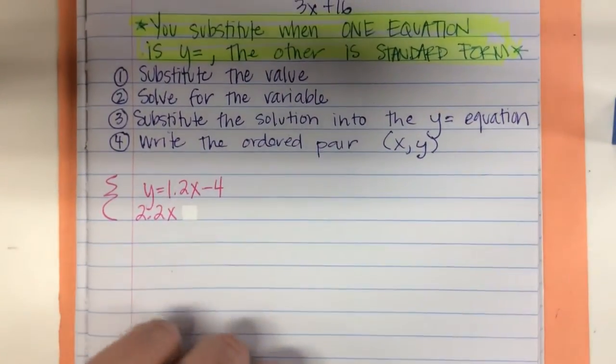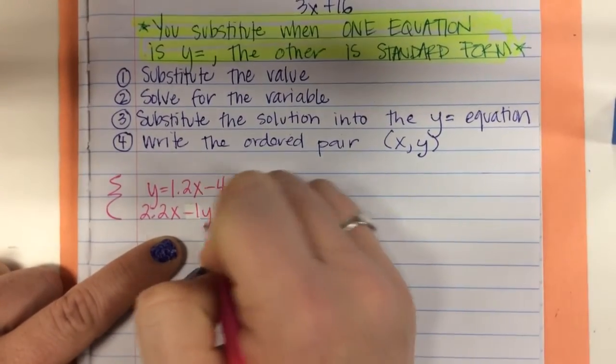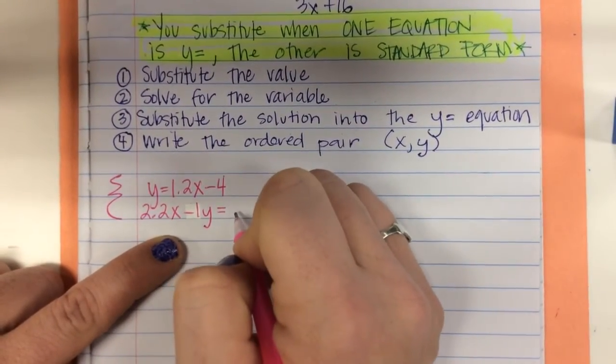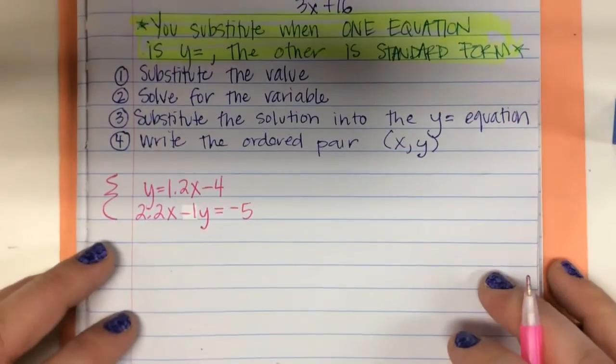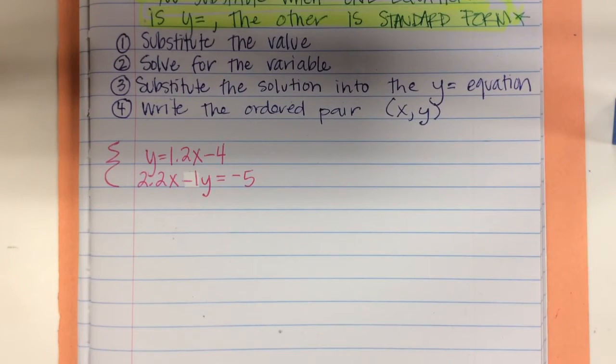Y equals 1.2x minus 4. The other one is 2.2x minus 1y equals negative 5.